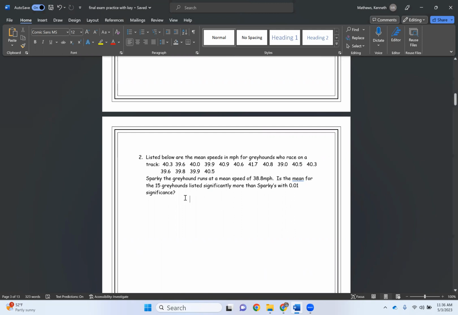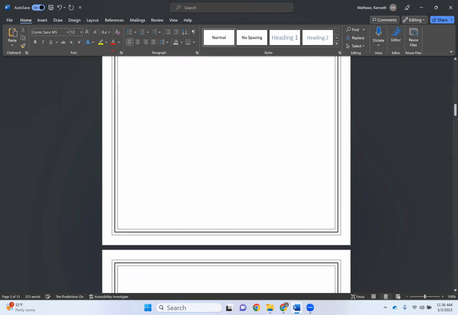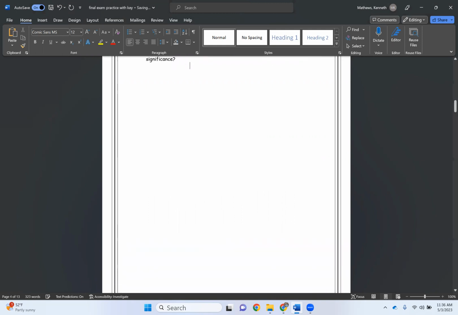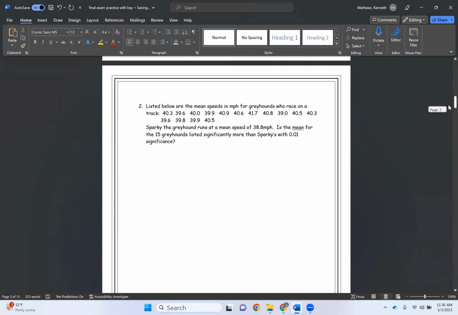All right, so what we're doing is a null hypothesis test to see if the means of the Greyhound are significantly more than Sparky's. So the claim is that mu is greater than Sparky's mean of 38.8.